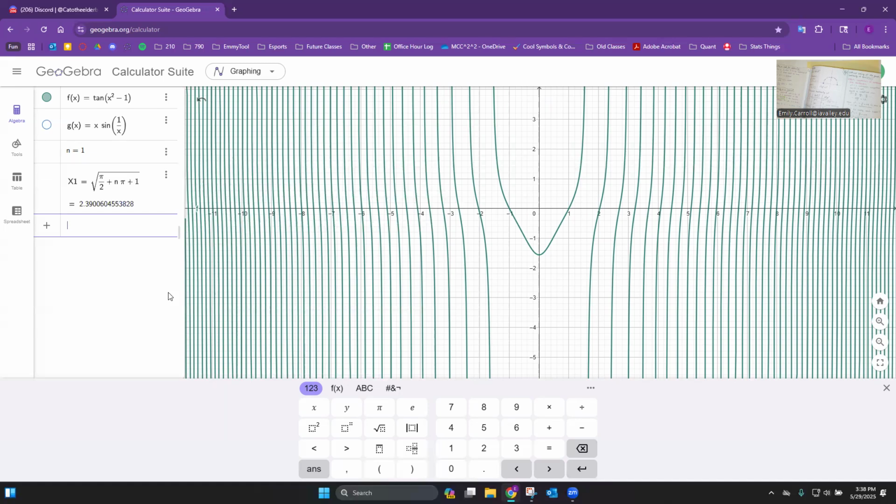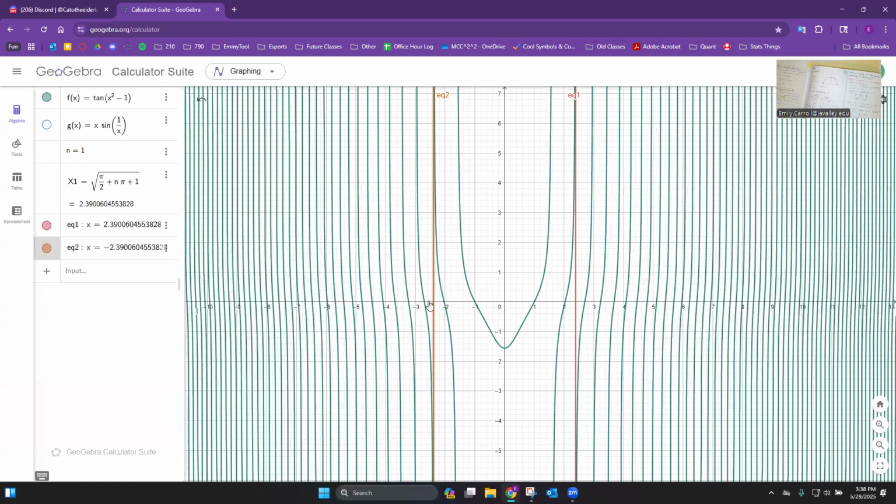And then let me graph the line x equals x1. Let me also graph the line x equals negative x1, because there was the plus and minus there, right? So for any integer n that you choose, you get a pair of asymptotes for that function.